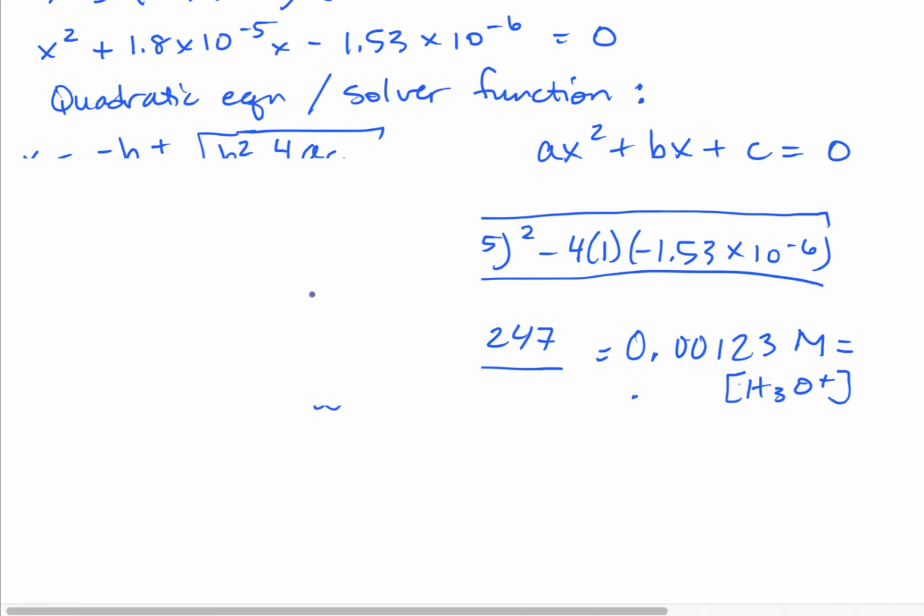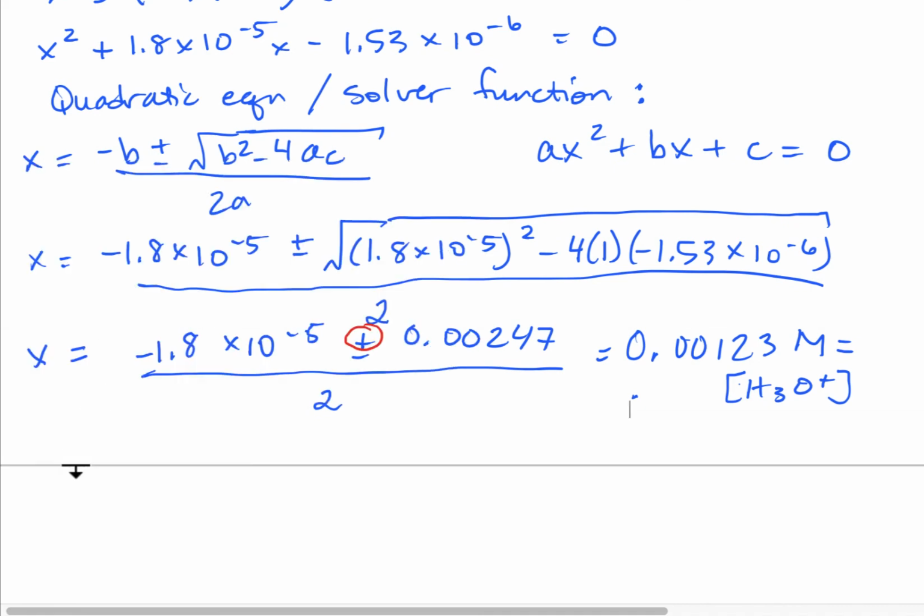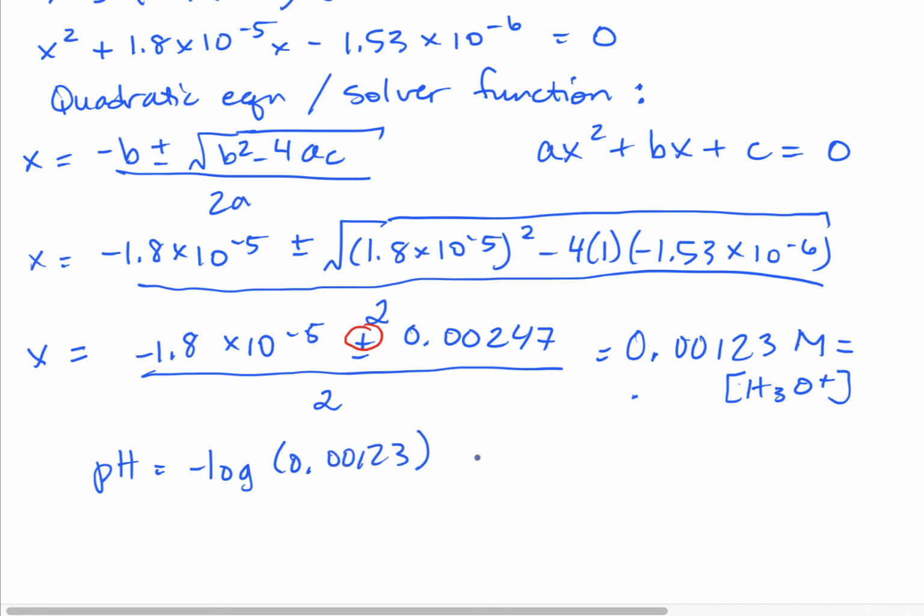So I am going to get a pH by taking minus log of 0.00123, since this is the amount of hydronium ion that I have present, and this will be 2.91, which compares as much higher than our 1.071 value for the strong acid, and that makes sense.